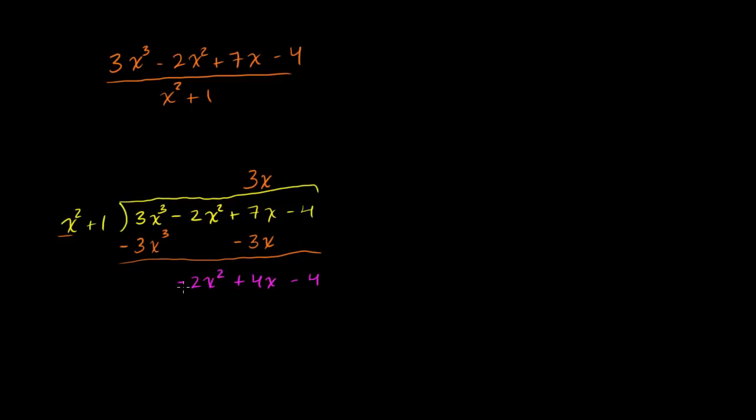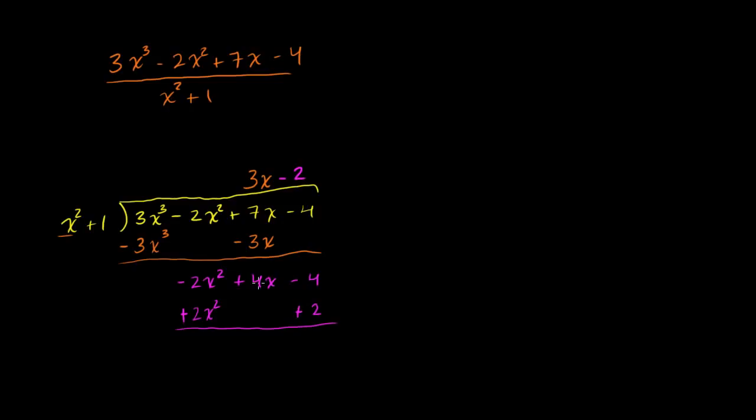So x squared goes into negative 2x squared negative 2 times. Negative 2. Put it in the constants place. Negative 2 times x squared is negative 2x squared. Negative 2 times 1 is negative 2. Now, we're going to want to subtract these from there. So let's multiply them by negative 1, or those become a positive.